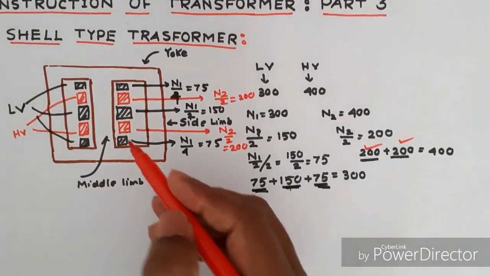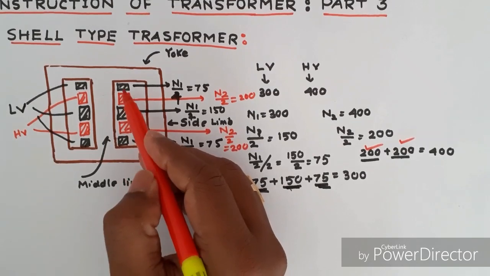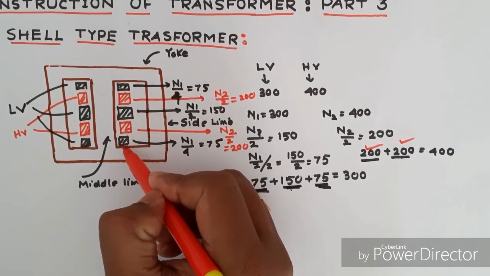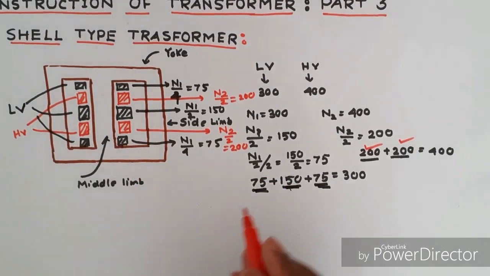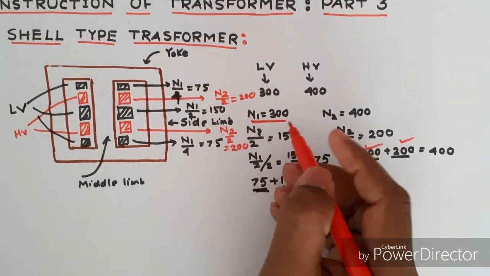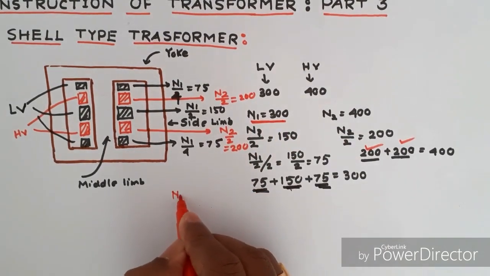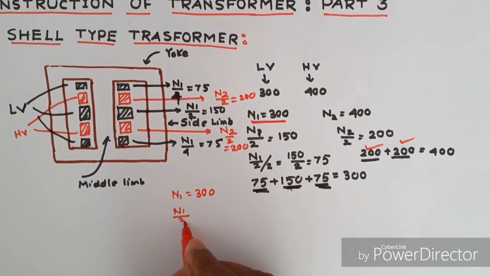One point is clear: the middle LV low voltage winding has number of turns double that of the upper or lower LV winding in order to get the symmetrical force. Suppose LV winding has 300 number of turns, N1 equal to 300, so N1 by 3 equals 100.